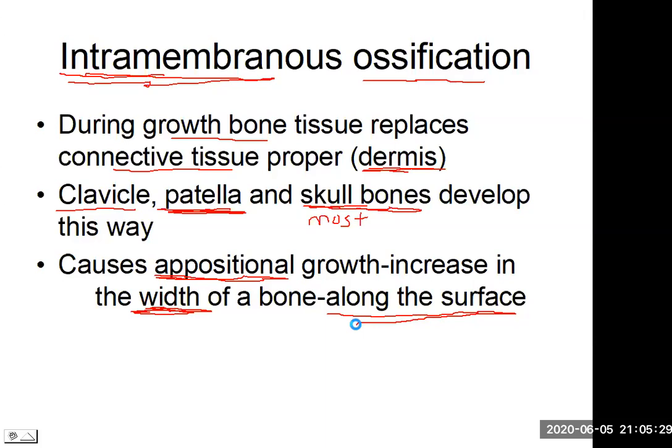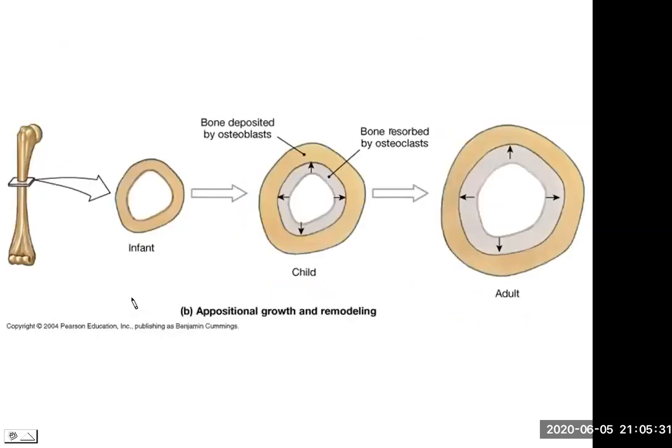And as an example, that's this figure here. We happen to be looking at a bone in the arm, the humerus, but again, all bones undergo this oppositional growth. And if we take a look at this cross section, very early in life, this infant has a certain amount of width to their humerus.